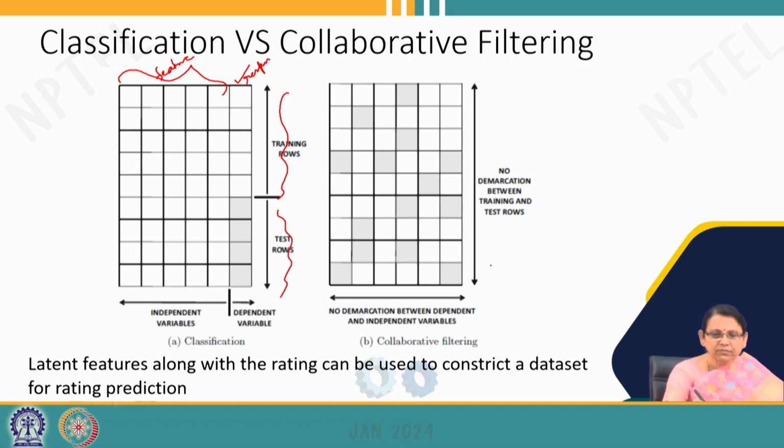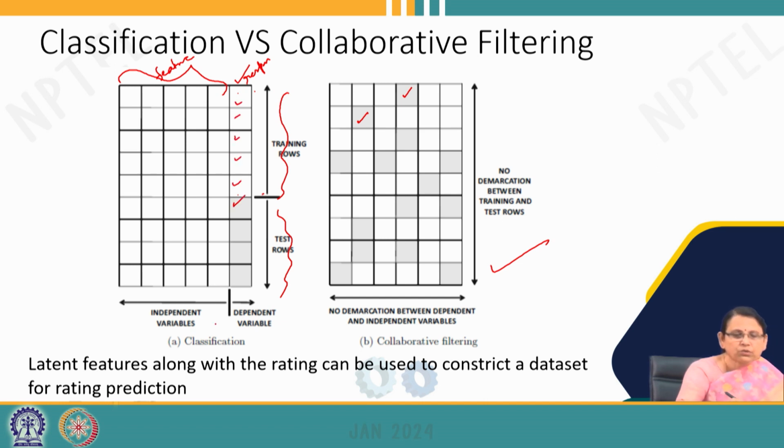But the problem is different here. Now, look at this one. These are the places where the rating is known, and in the rest of the places the rating is not known. This training part is the known part, where these values are known.